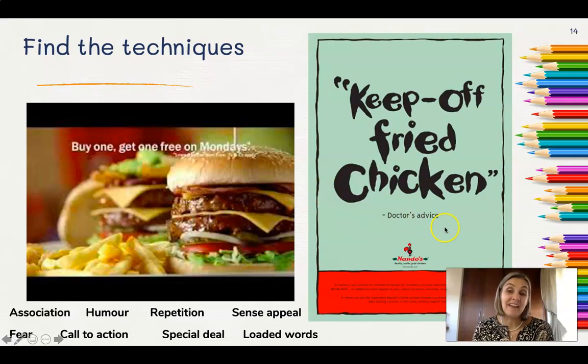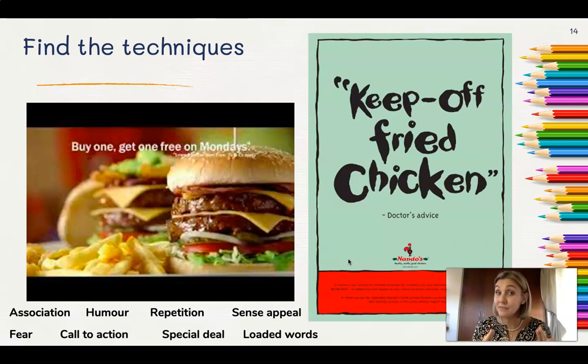And then this is one of my favorite adverts, keep off fried chicken, doctor's advice. And I don't know if you know, it was Nando's at the bottom here. So obviously, if you know Kentucky Fried Chicken, KFC, their chicken is fried while Nando's is grilled. So they're obviously using a bit of humor here to say it's doctor's orders.